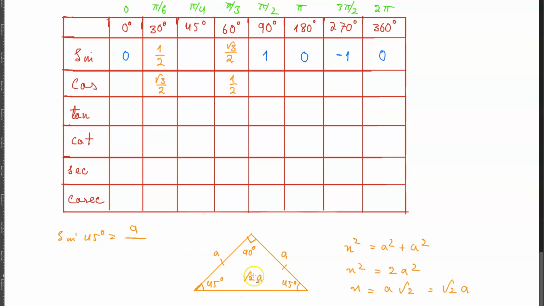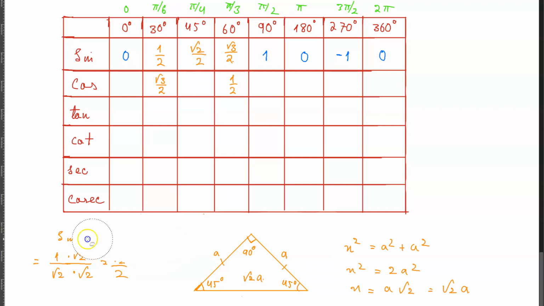The hypotenuse is square root of 2 times a, and a you can cancel out. You'll get 1 over square root of 2, and multiplying numerator and denominator by square root of 2, you will get square root of 2 over 2. So the sine of 45 degrees is square root of 2 over 2.